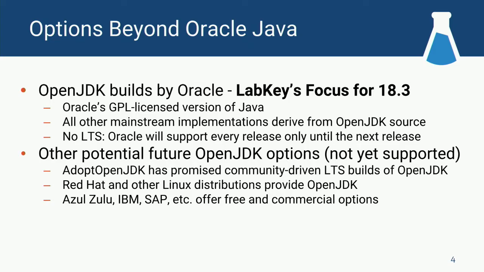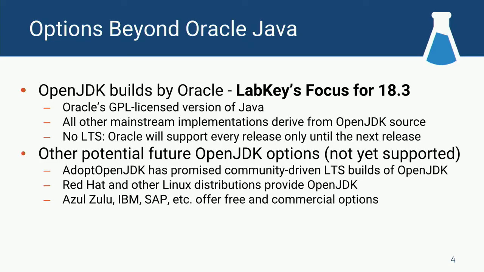There is OpenJDK. Interestingly, Oracle essentially has 2 JDKs, 2 runtimes that they ship. There's an OpenJDK, which is the open source version of Java that pretty much every mainstream JDK builds on top of, including the commercial Oracle runtime.